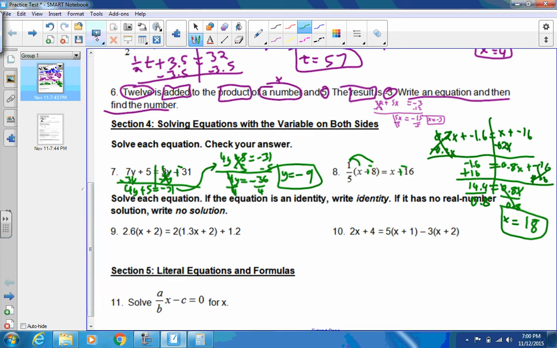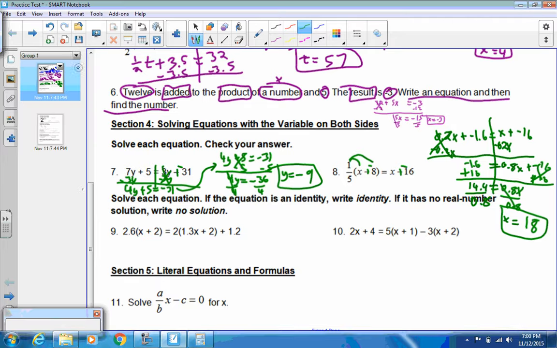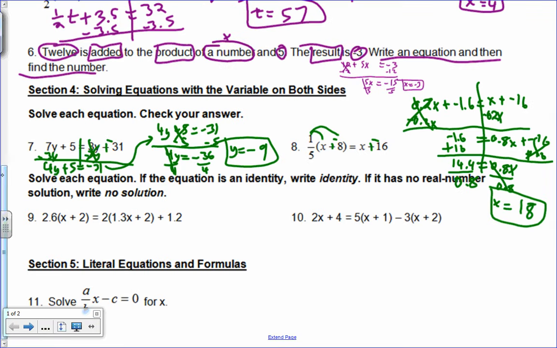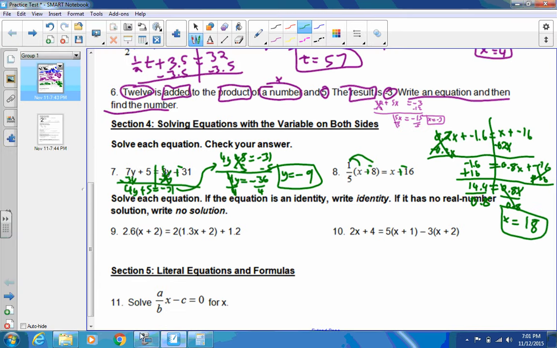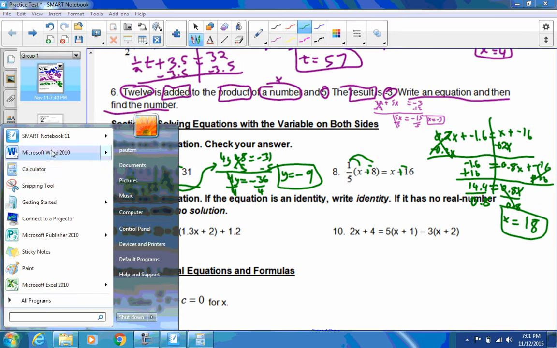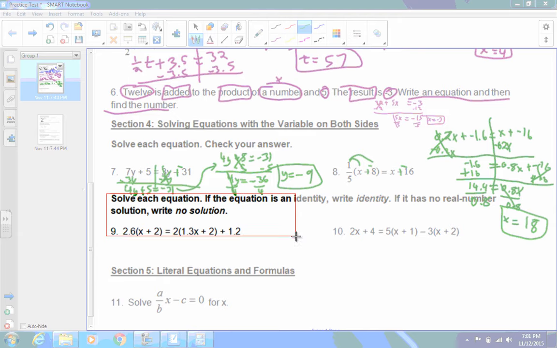Alright. Let's go on to these 2 longer ones, numbers 9 and 10. And what I think I might do with these is take these and put them on their own slide so I have enough room for them.